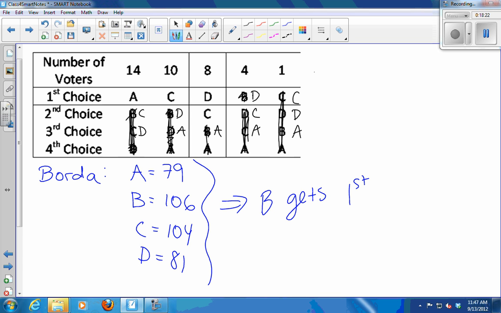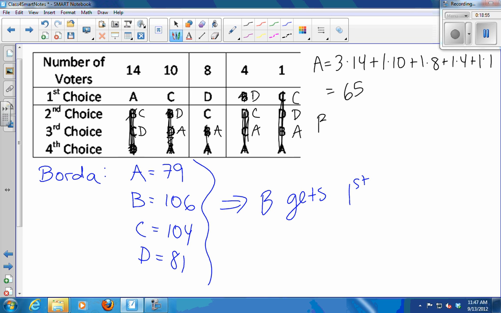So A would get 3 times 14. I just wanted to point out 3 times 14 because there's only 3 candidates now. So first place gets 3 points, second gets 2, and last gets 1. And then 1 times 10 plus 1 times 8 plus 1 times 4 plus 1 times 1. And you said that came out to what? 65.